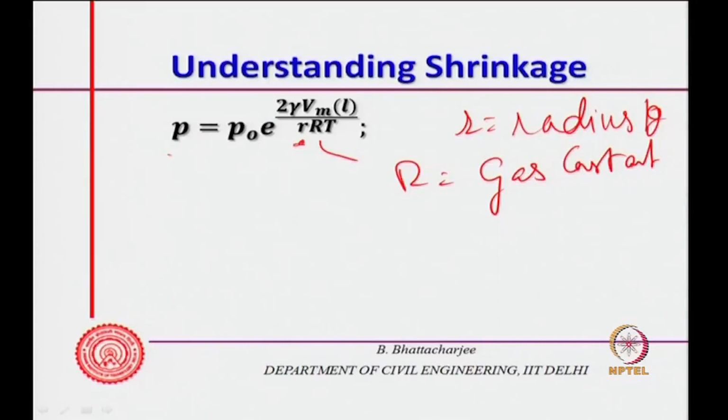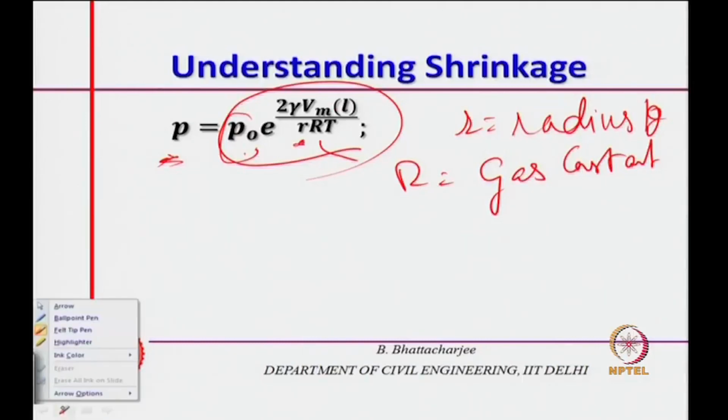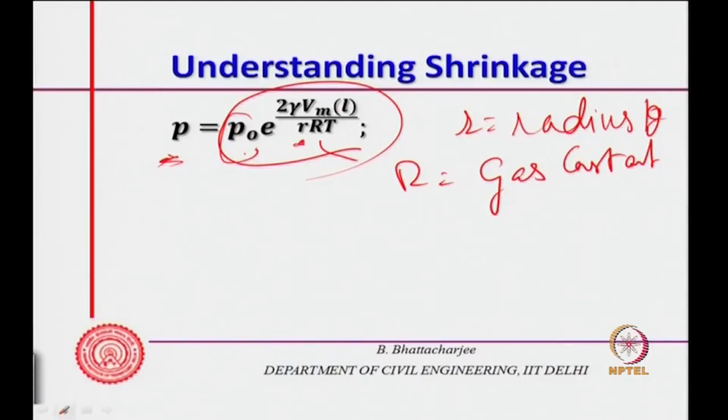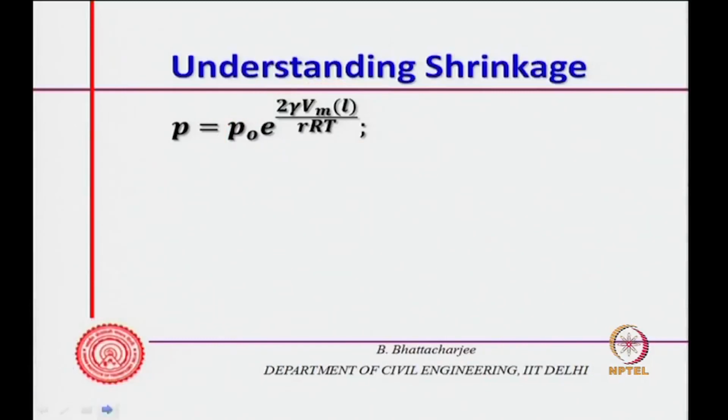This is the vapor pressure because of the change in curvature. P0 was the original pressure before the formation of curvature, and now, because of the formation of curvature, the final pressure is P0 e to the power 2 gamma Vm by r R T. That is Kelvin's equation. It can be written in different forms also.